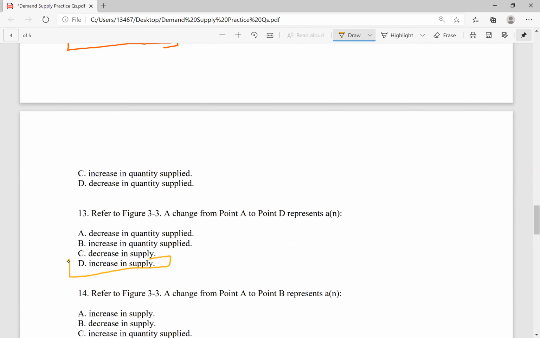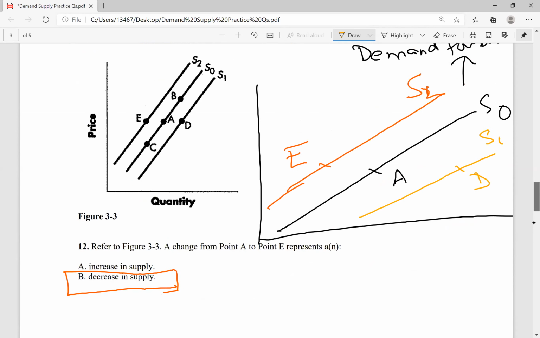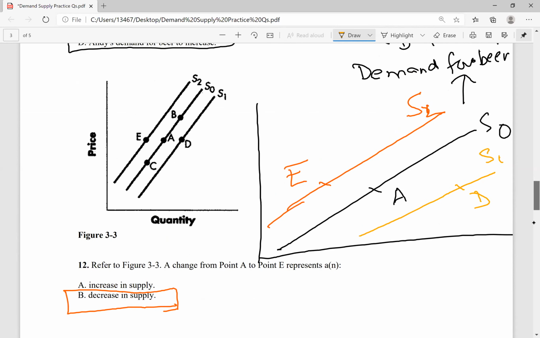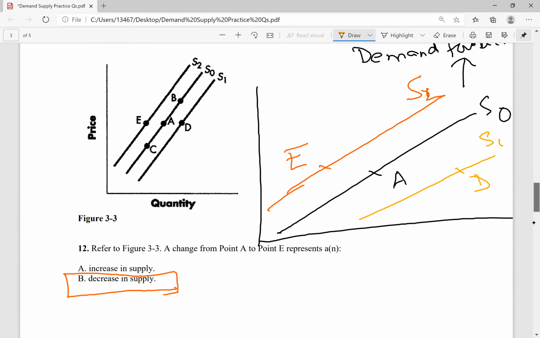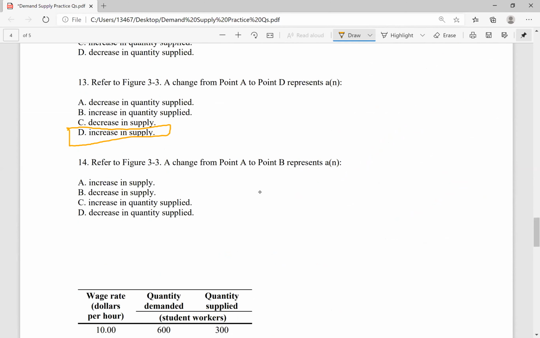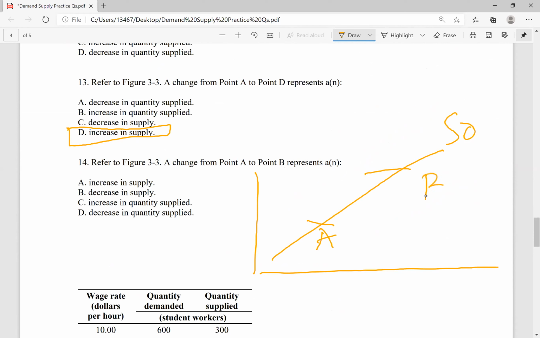There is an increase in supply. However, another question is, if we move from point A to point B. So let me show you here the significance of question number 14. It says we are moving from point A to point B on the supply curve.